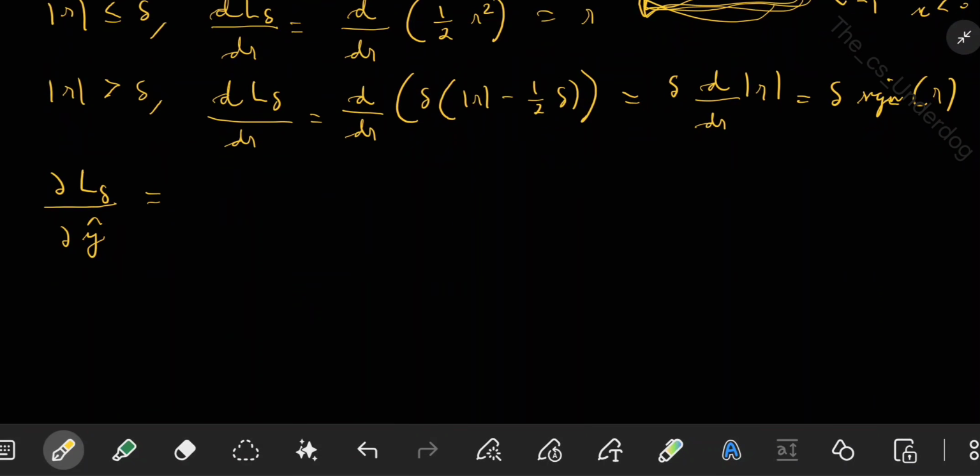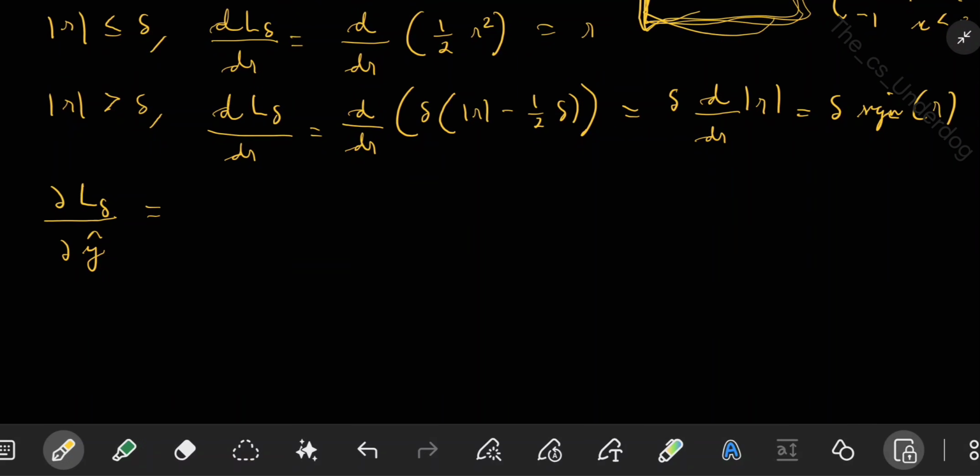That is the requirement. I already told you we want to apply the chain rule. How do you apply it? dL delta by dR into dR by dy cap. This is how you can apply the chain rule.